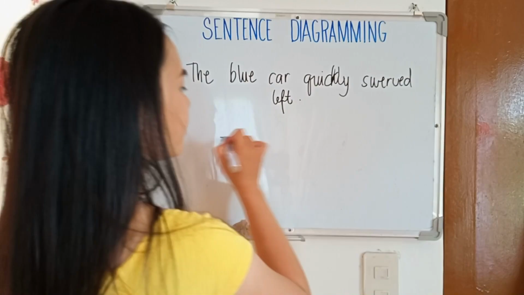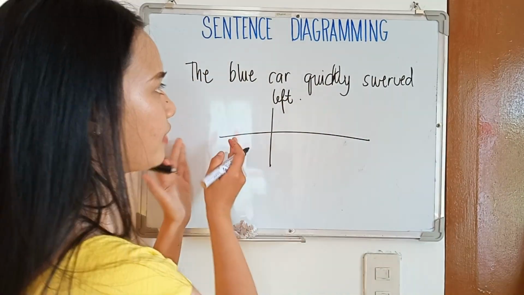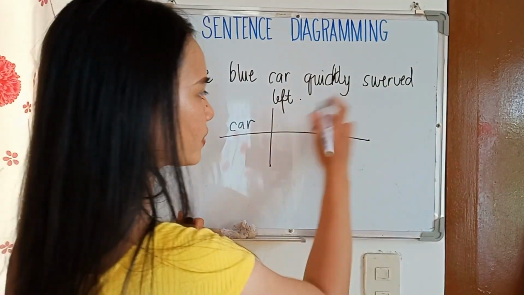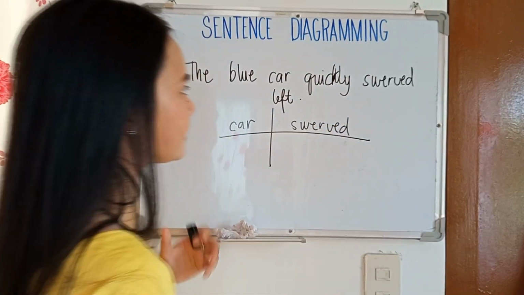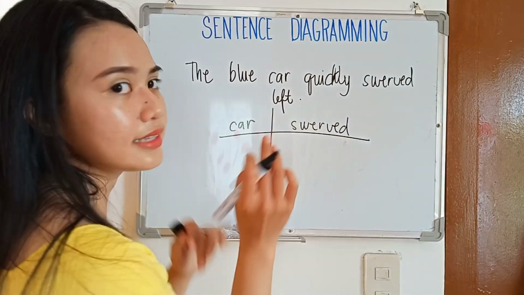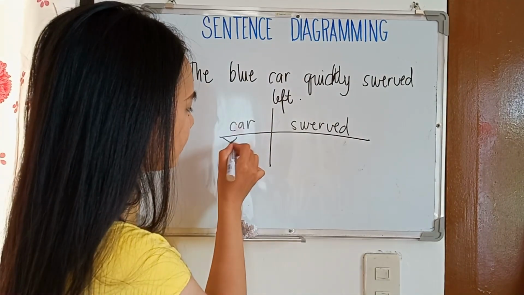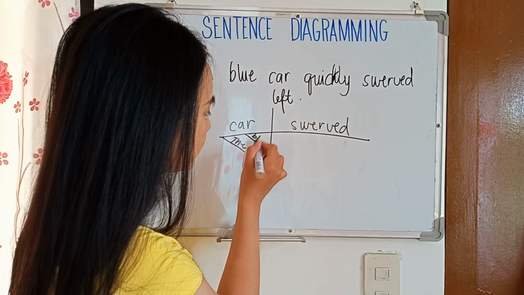Now it's time for us to draw lines. Divided into two. On this side we have the subject, car, and then the verb, swerved. Next, the car here is described using the and blue. So we write here the determiner the, and then another adjective, blue.